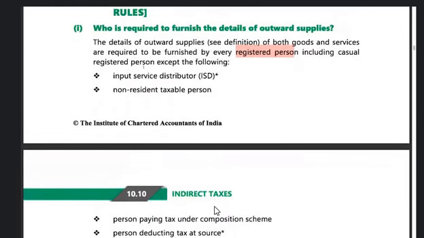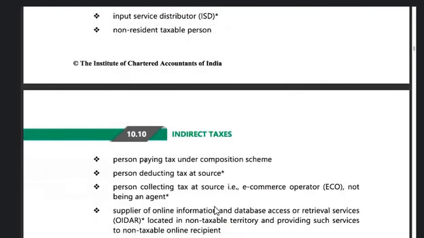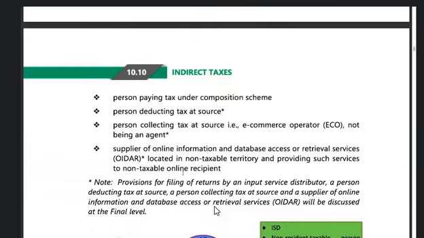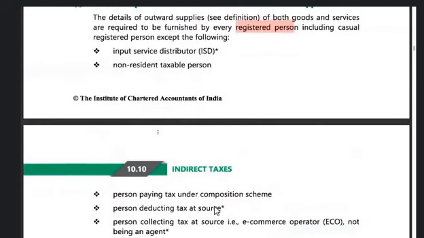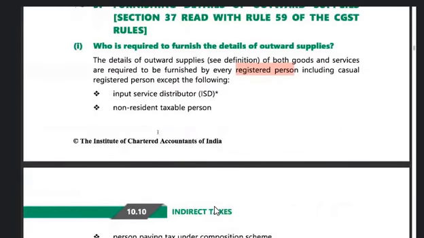That is, 1, the input service distributor, 2, the non-resident taxable person, 3, person paying tax under composition scheme, 4, person deducting tax at source, person collecting tax at source, supplier of OIDAR. These 6 categories of registered dealer need not provide the details of outward supplies.